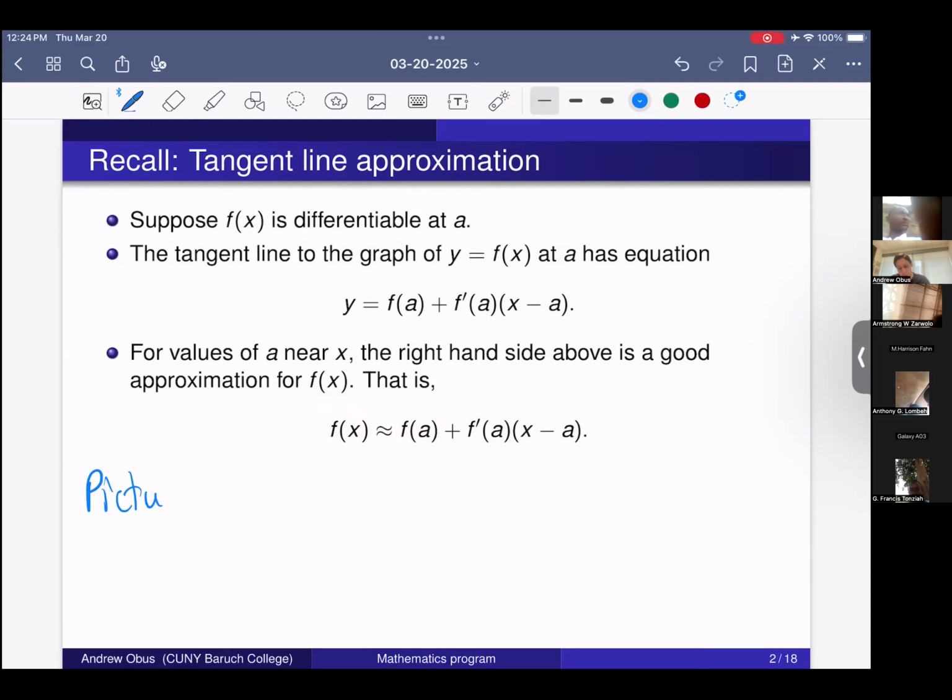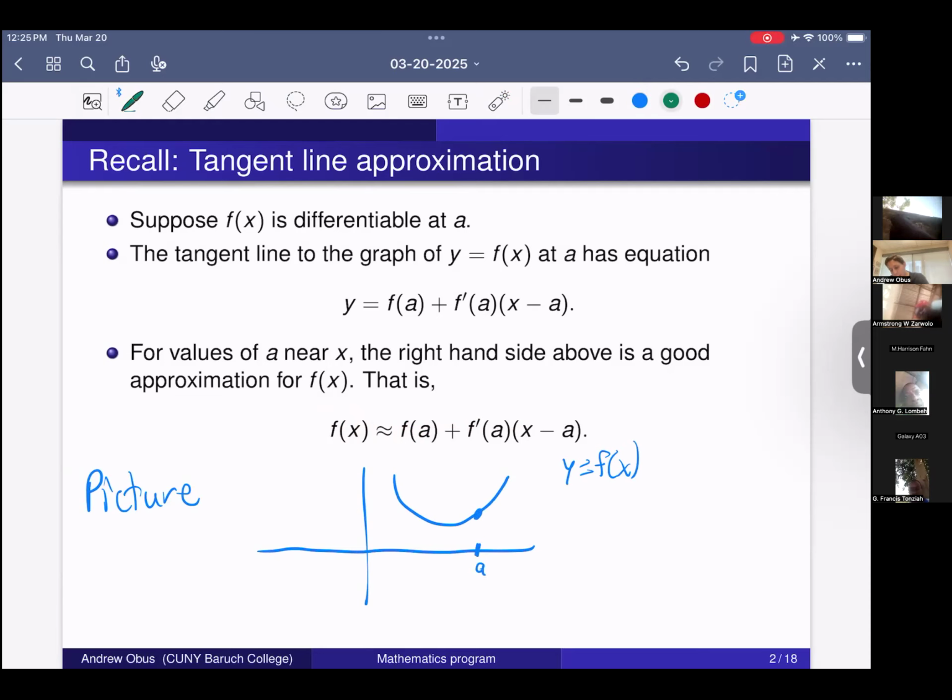And what's the picture here? The picture is if I have some graph that looks like this, it's my graph y equals f of x, and this is my point a, this is my x value a, and then I draw the tangent line at a. Let me redraw that tangent line so it's more of a tangent line.